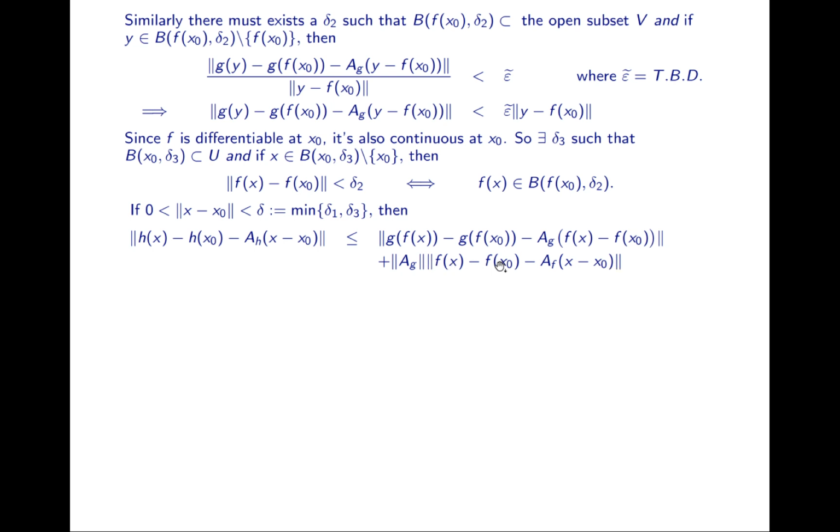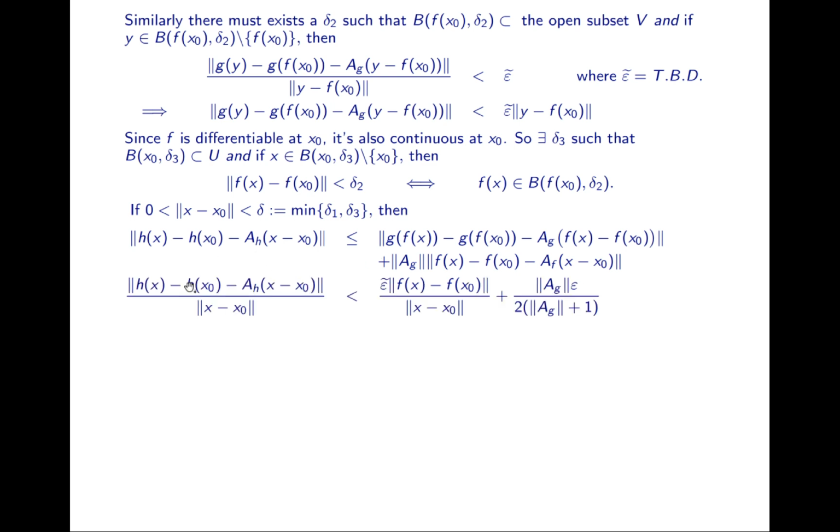This term we said is less than epsilon over 2 times this plus 1. And this, so long as f of x satisfies the condition that y satisfies, I've got a bound for that as well. So when I divide by x minus x naught, this first term is less than epsilon.